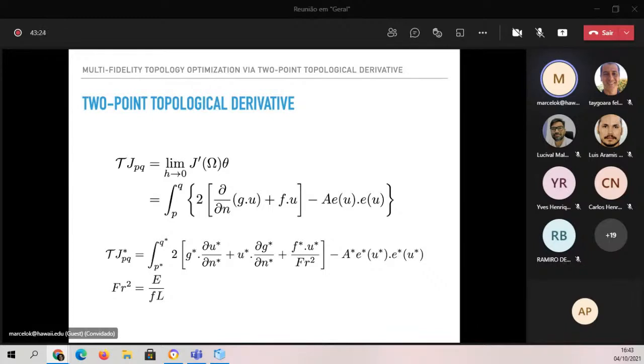This means that the work done by body forces usually will not contribute much, which leads then to the answer to my friend's question: where should you place the next spar, the next rib? Well, in the line that, when you calculate the strain energy along the line, gives the largest strain energy. So that's the answer this equation provides: try to reinforce the lines where you have the largest amount of strain energy.